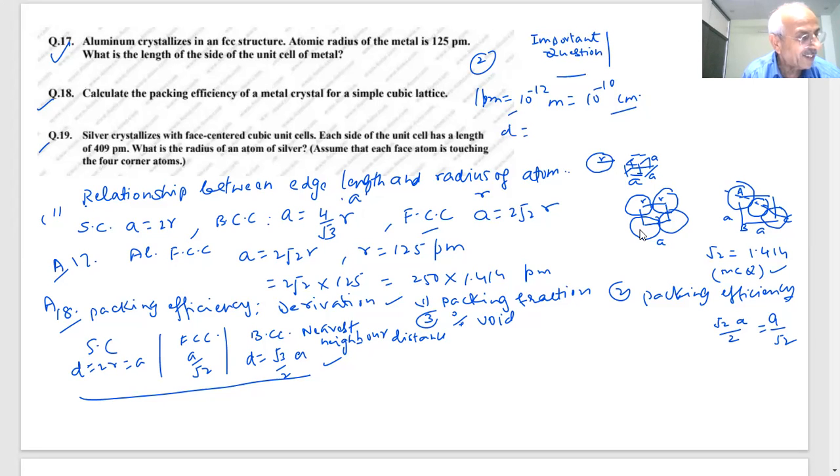What is the formula of the density? Density is Z into M upon a cube into Na. What is M here? M is the mass, here a cube.